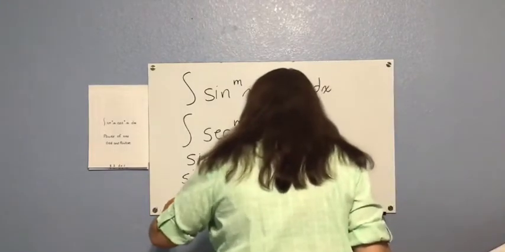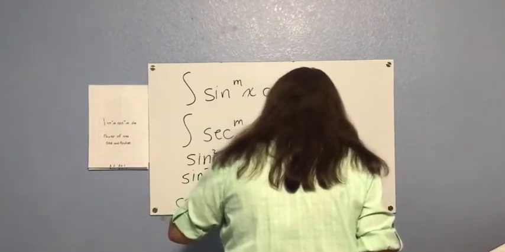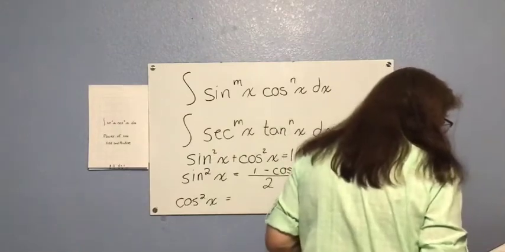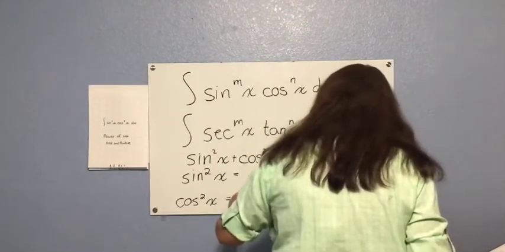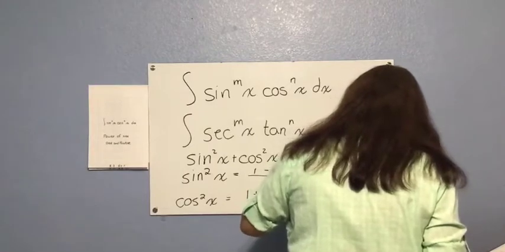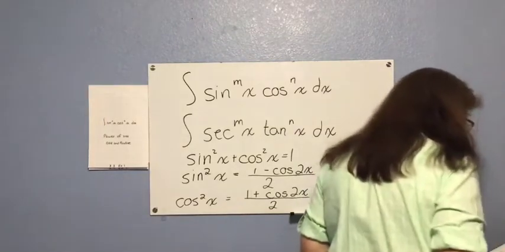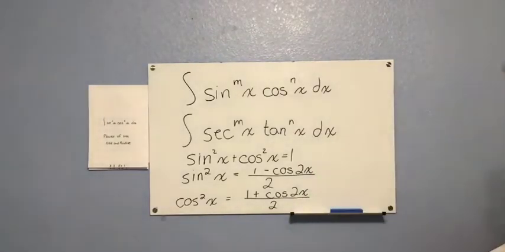And here's another one that is a power reducing formula, this time for cosine. So these are formulas that you should, if you don't remember them already or they're not already in your booklet, go ahead and put those in.